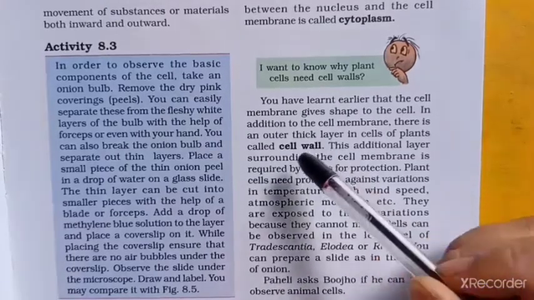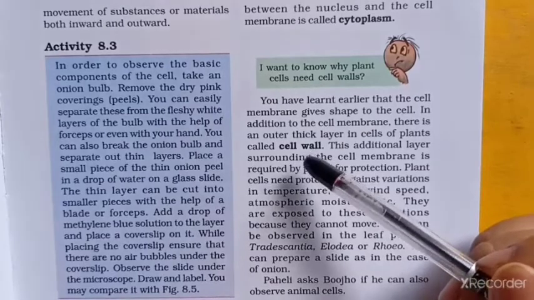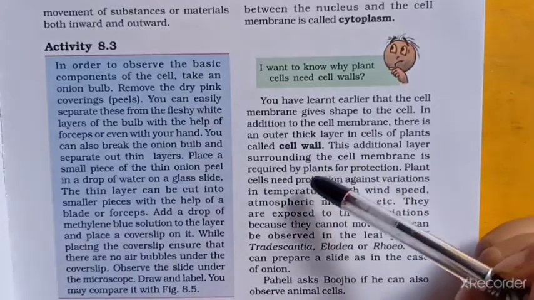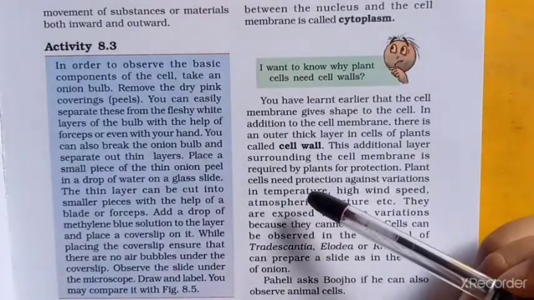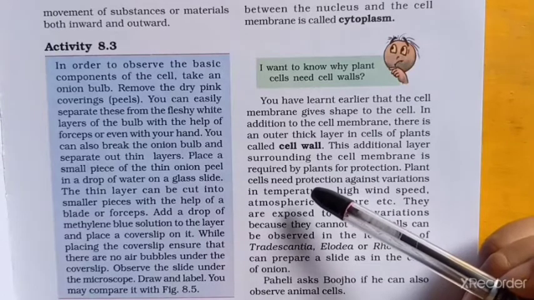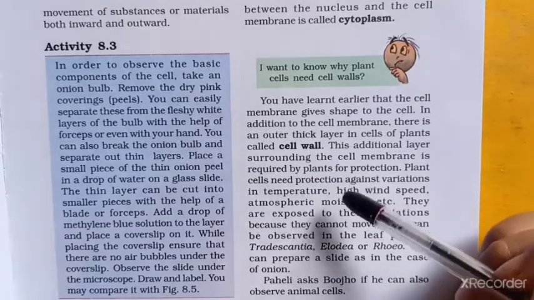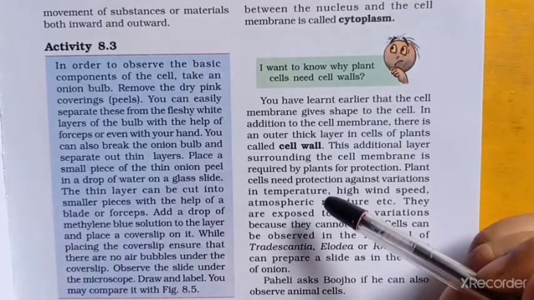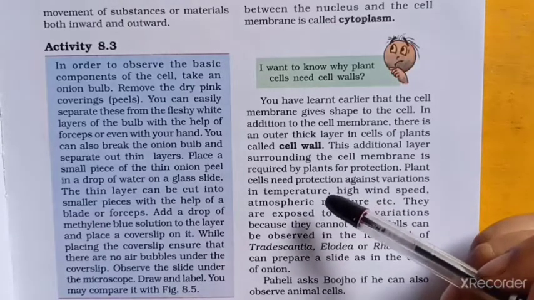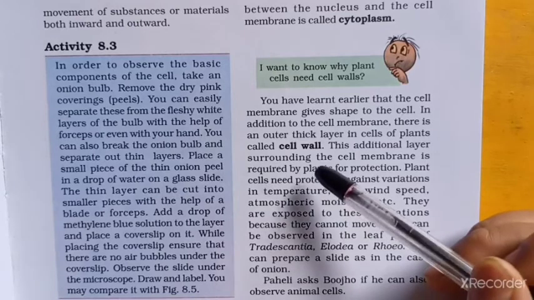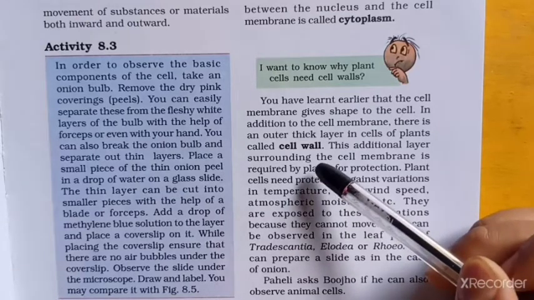Here let's see. We have already learned earlier that cell membrane gives shape to the cell. In addition to the cell membrane, there is an outer thick layer in cells of plants that is called cell wall. So cell membrane is again covered by cell wall.